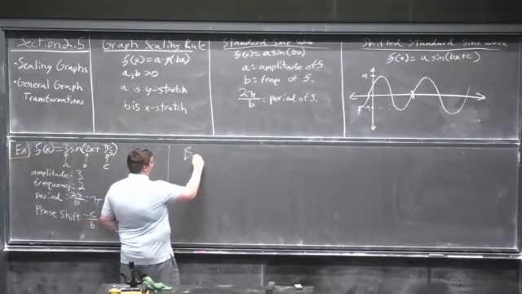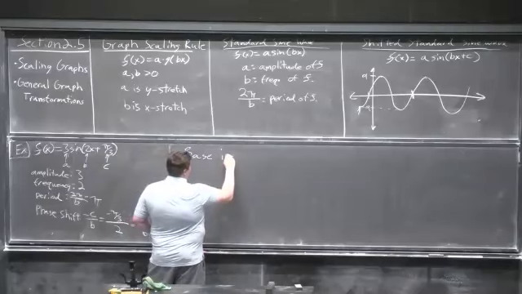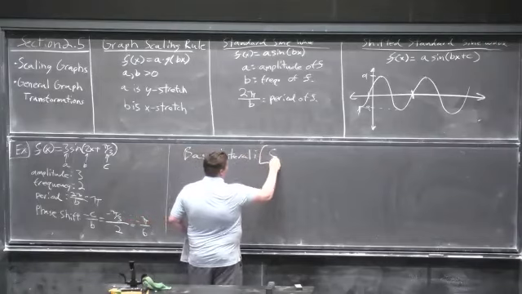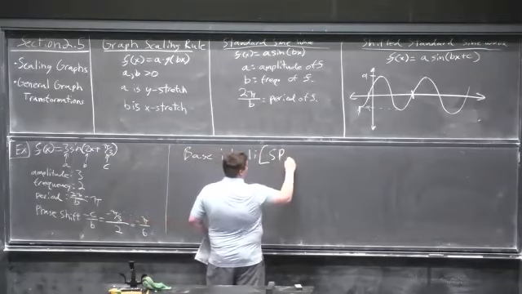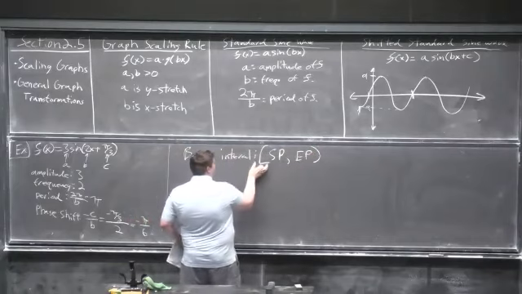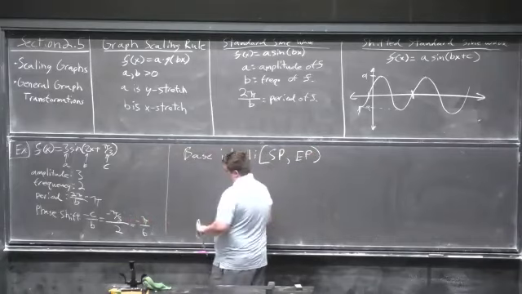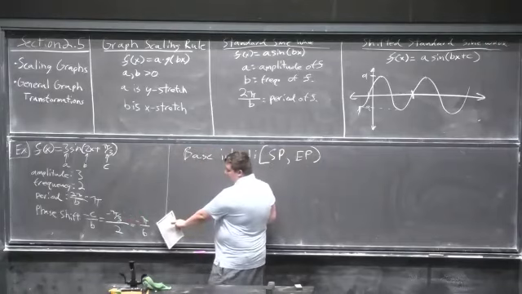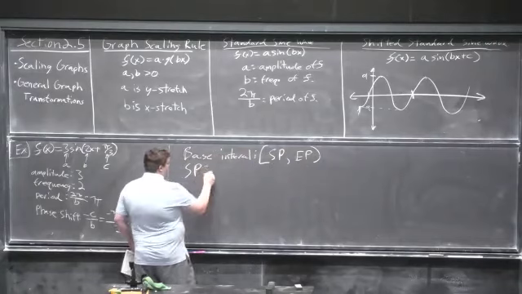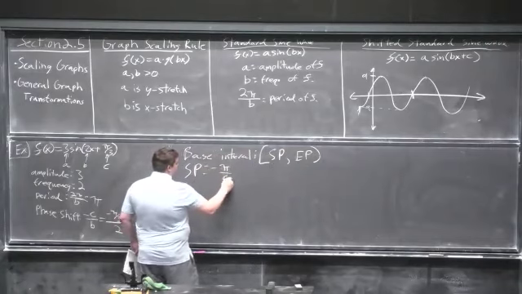So for base interval, we want a start point and an end point. And we're going to include the start point, exclude the end point. Our starting point is simply going to be the phase shift. So start point will be negative pi over 6.